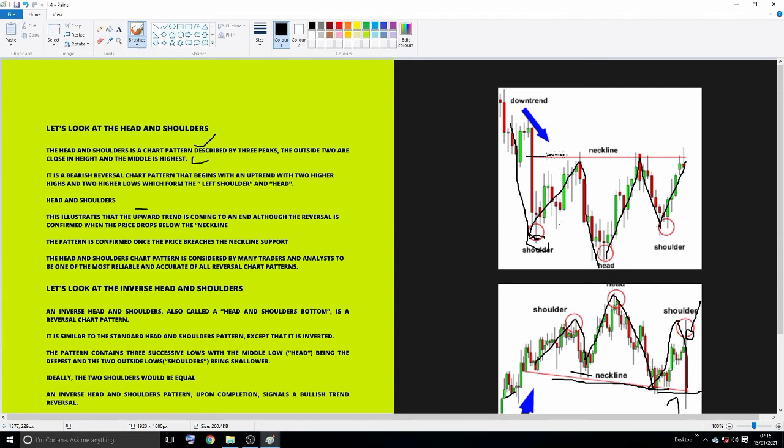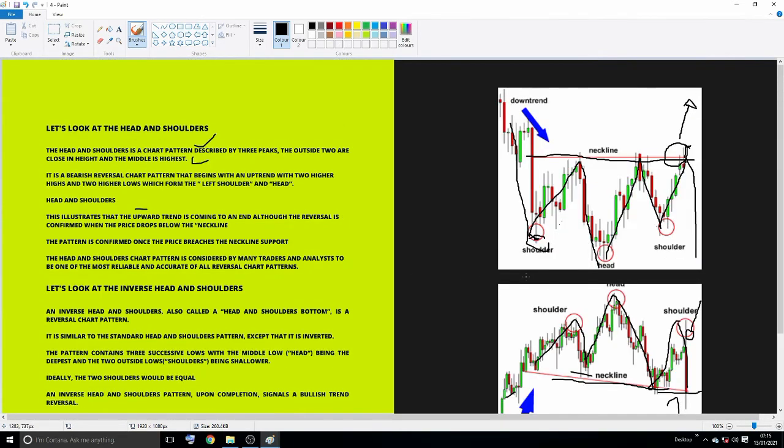Now you can also trade it at the break of the neckline, because this line can still be supported and push the price lower. But if it closes above this neckline, we can start looking for price to start going up.